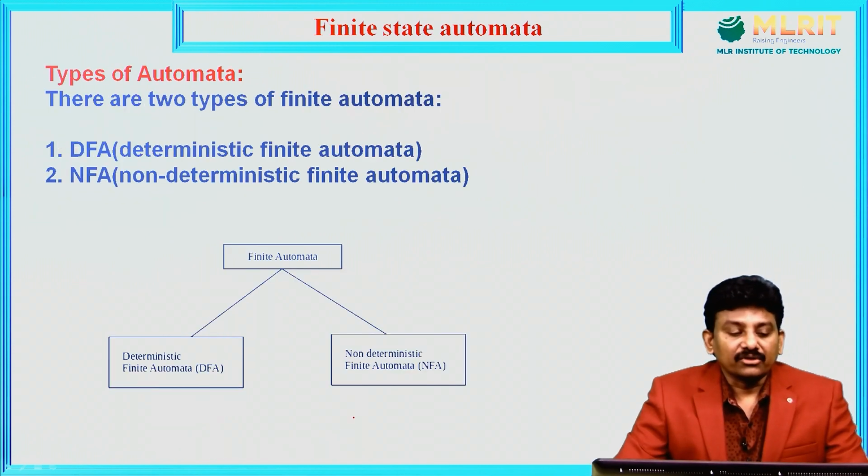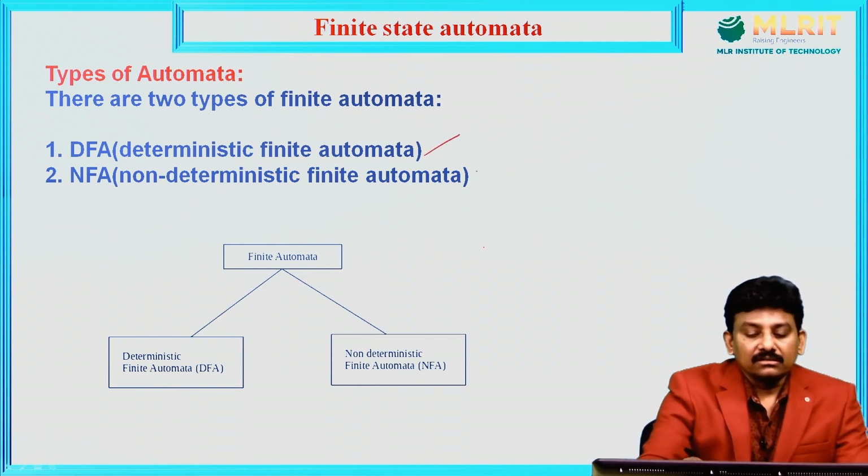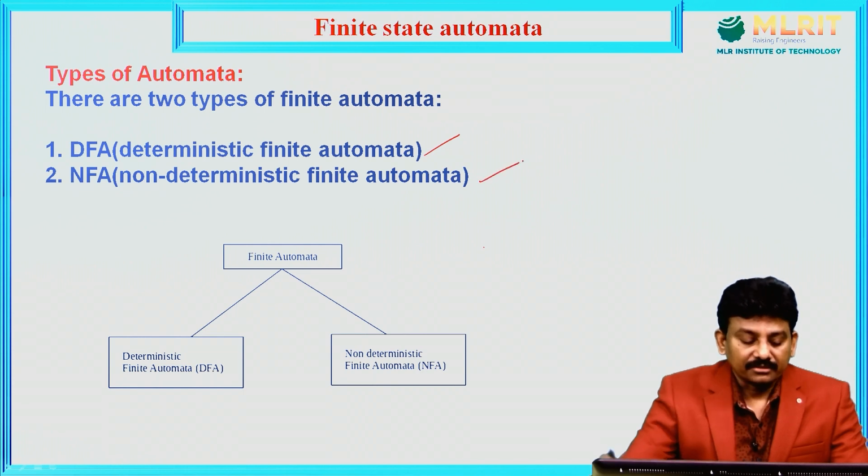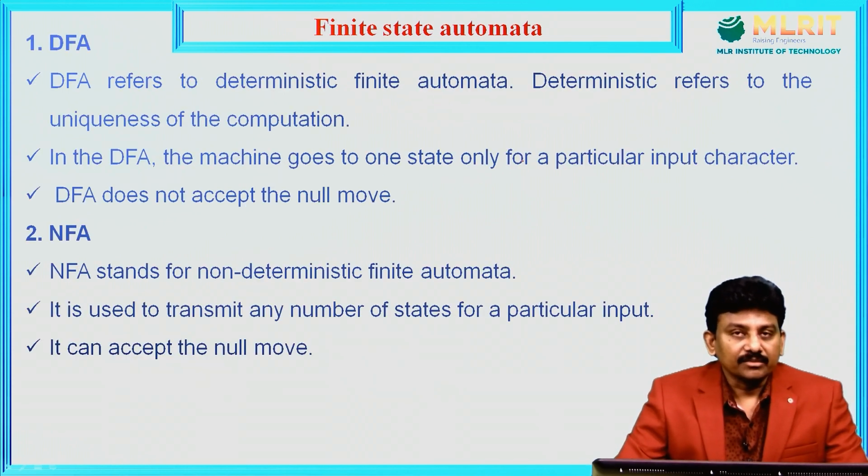Then, types of automata. There are two types of automata: deterministic finite automata and non-deterministic finite automata. DFA, that is deterministic finite automata. Deterministic refers to the uniqueness of the computation. In the DFA, the machine goes to one state only for a particular input character.